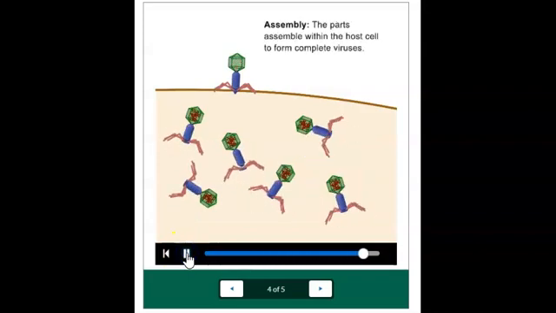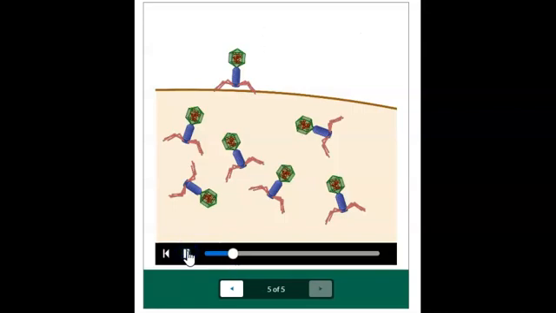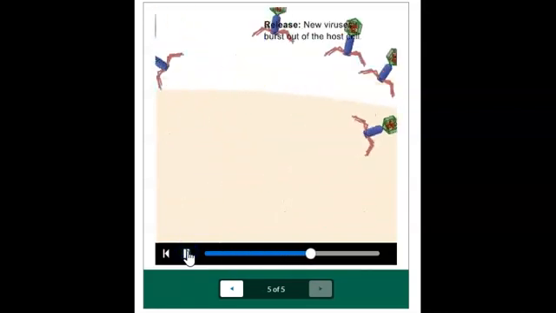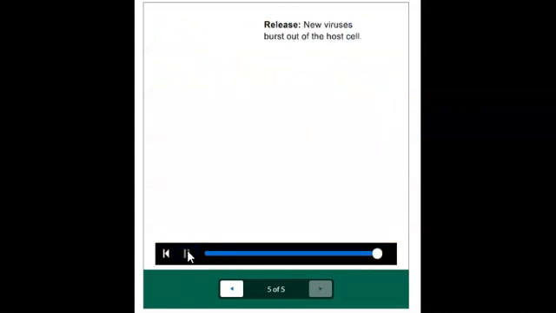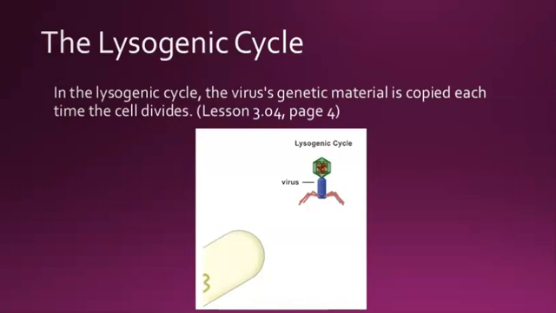And then it directs the cell to assemble new complete viruses. And then finally, the new viruses burst out of the host cell, which of course kills the host cell in the process. So in some viruses, reproduction also involves the lysogenic cycle.